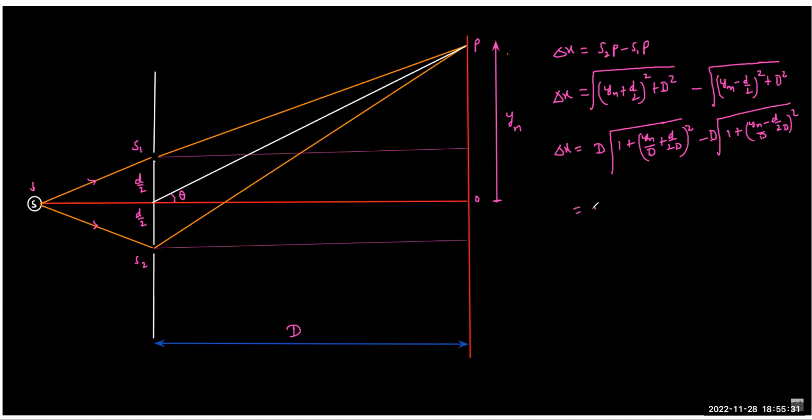And now we can use the binomial approximation. So we can write 1 plus 1 by 2 times (y plus d by 2 by D) whole square, and minus the same thing.